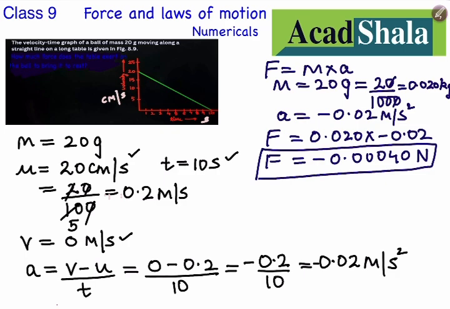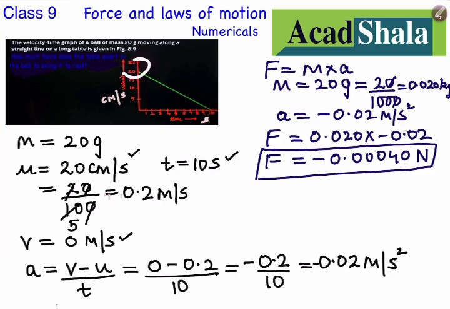Now children, this graph plays a very important role in taking out some data, and that is regarding velocities. This graph gives two values, the initial and the final velocity.